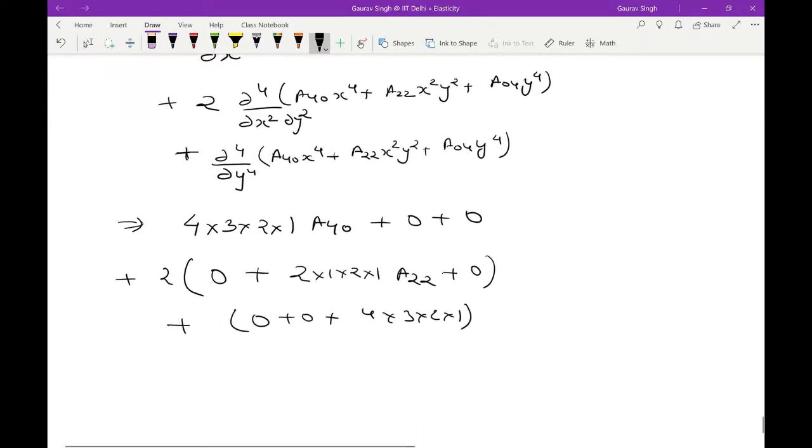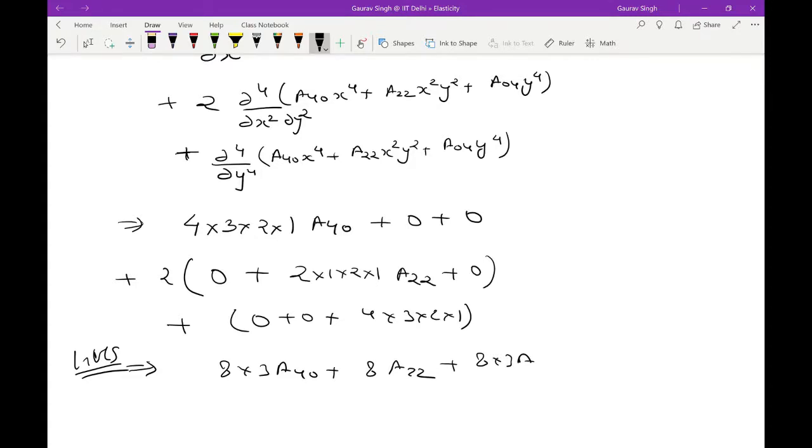Okay, this implies that the left hand side is actually equal to 8 into 3 A40 plus 8 into A22 plus 8 into 3 A04. Okay, and if you take 8 outside, you will have 3A40 plus A22 plus 3A04.